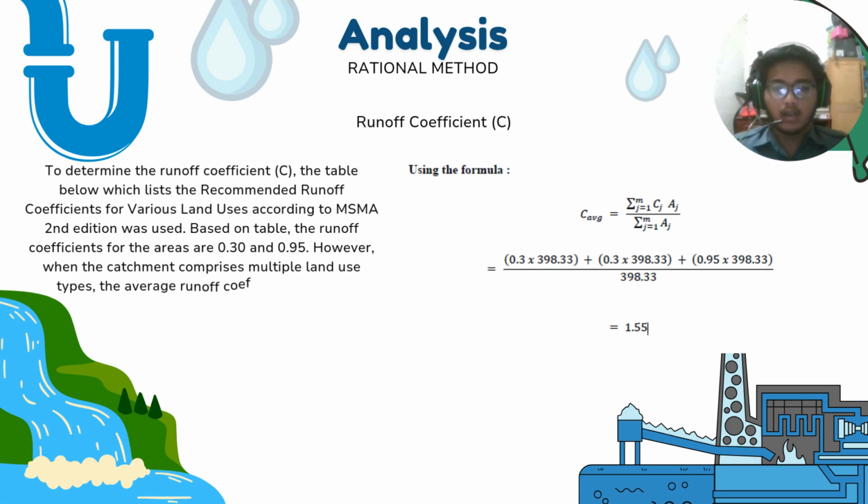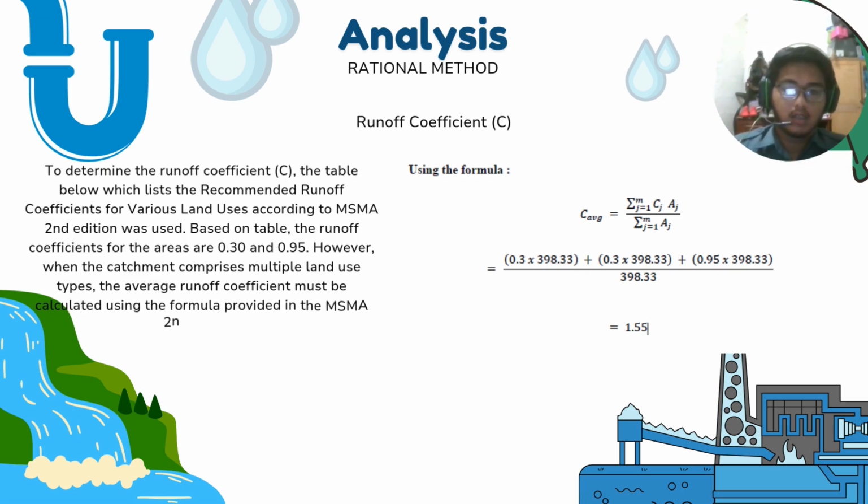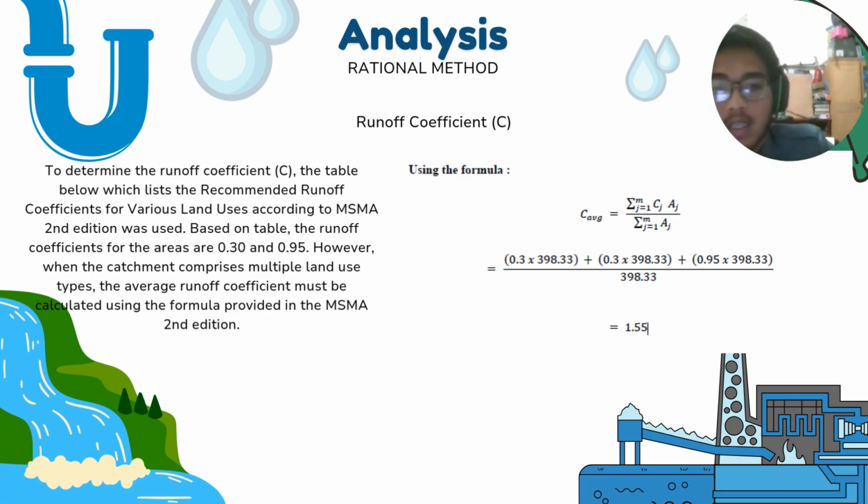The runoff coefficient for the area is between 0.30 and 0.95. However, when the catchment comprises multiple land use types, the average runoff coefficient must be calculated using the formula provided in the MASMA second edition. So using the formula, we must find the C average, and then we get 1.55.